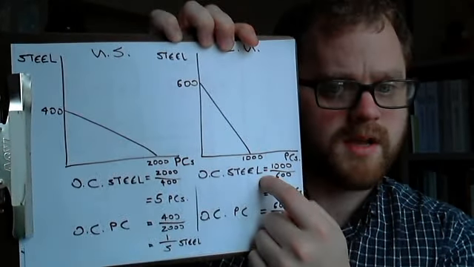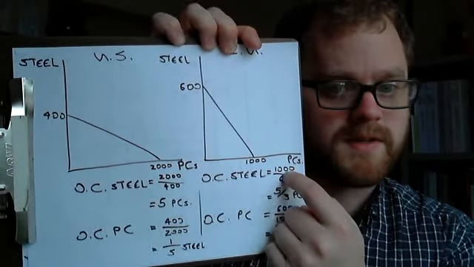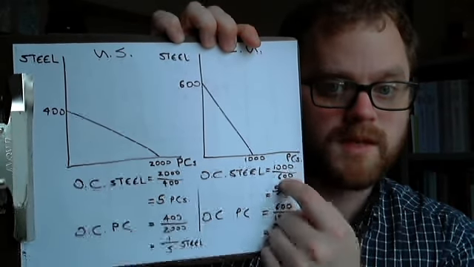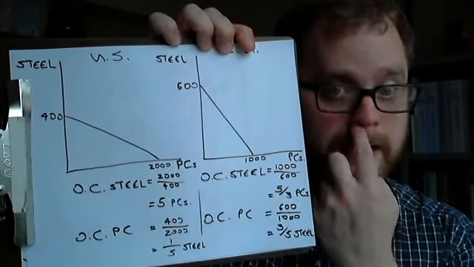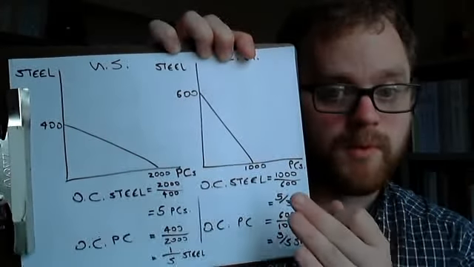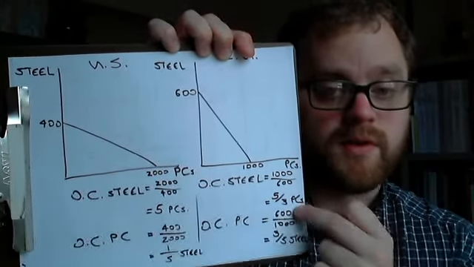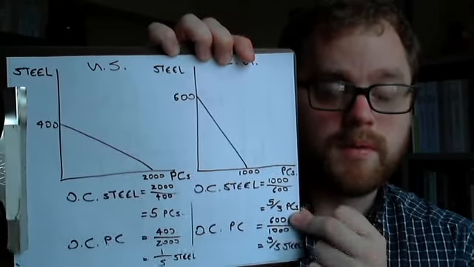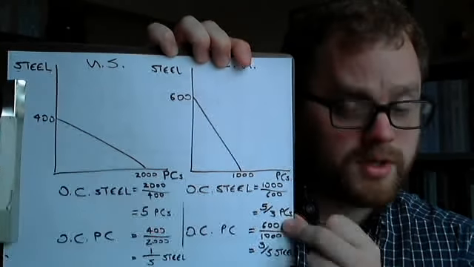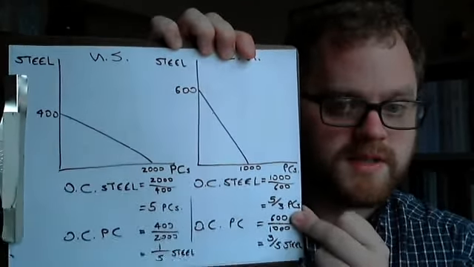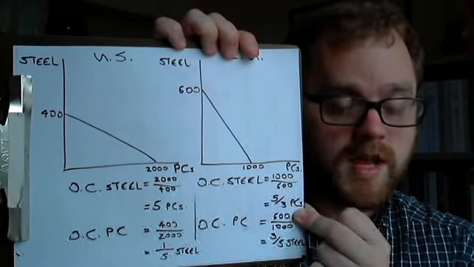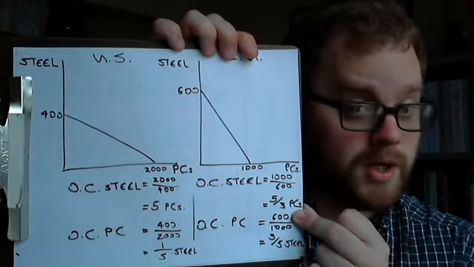So their opportunity cost of steel is the 1,000 computers they gave up divided by the 600 tons of steel that they got, and you'll come up with 5/3 of a PC per ton of steel, meaning with the energy and resources it takes to produce 1 ton of steel, they could produce a computer and be 2/3 of the way to manufacturing another one.